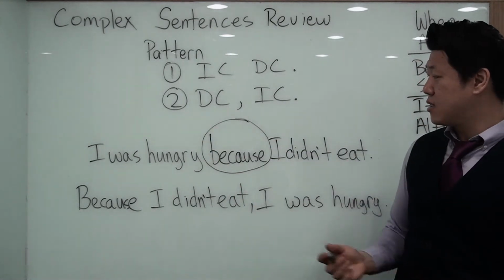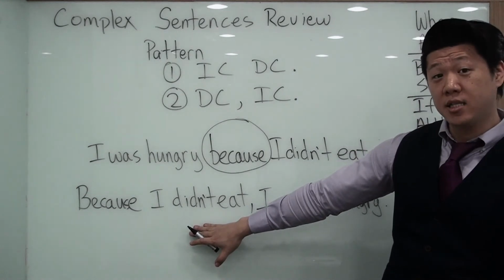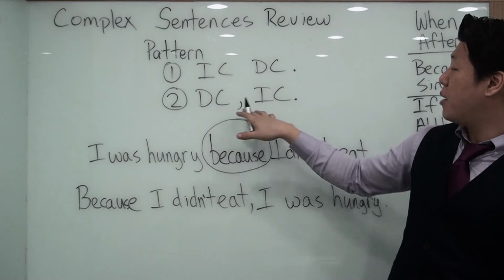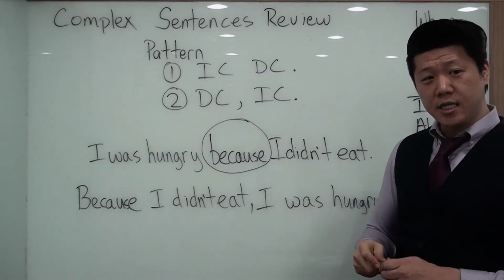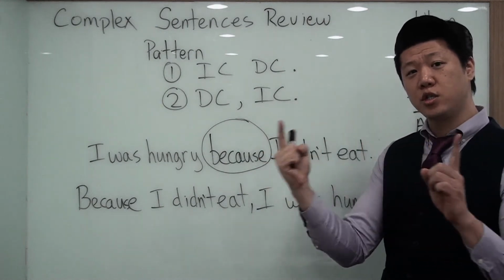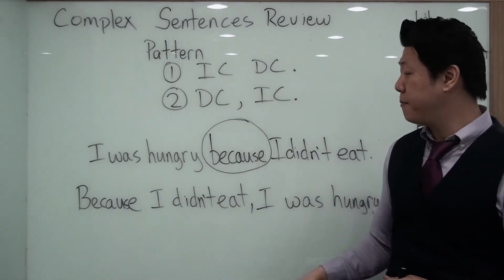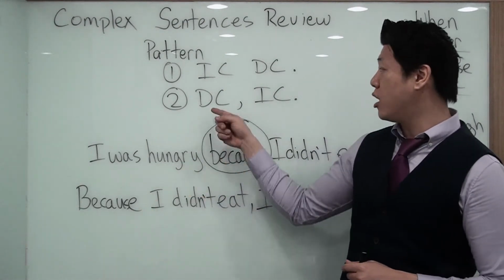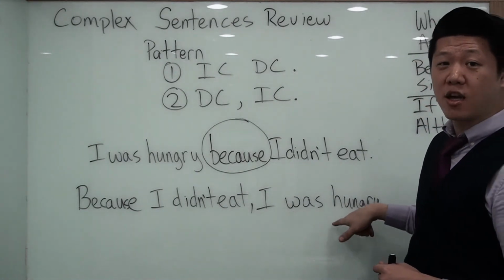Because I didn't eat, I was hungry. And you can see that it's the exact same sentence. Number 2 pattern is DC, comma, IC. The beauty of complex sentences is that you are allowed to switch the order of the clauses and the meaning of the sentence stays the same. But if you are going to start with a dependent clause, comma, give me the rest of the thought.